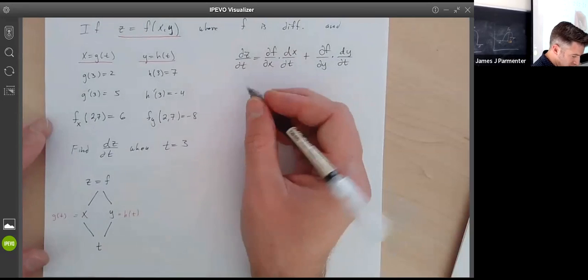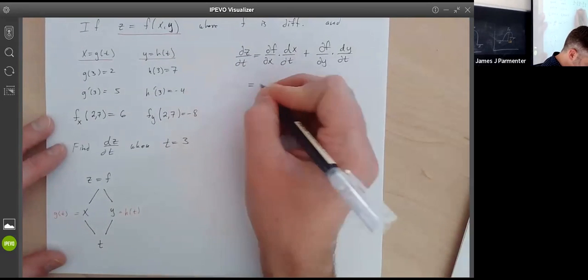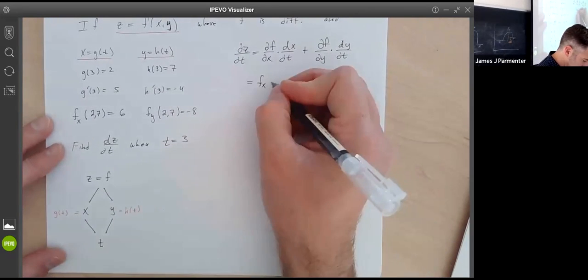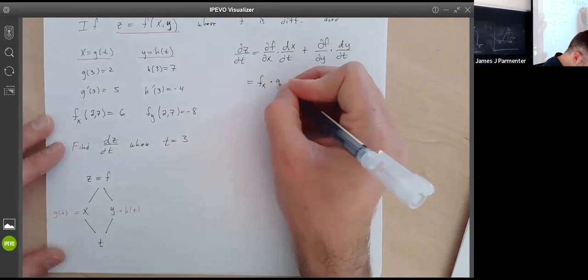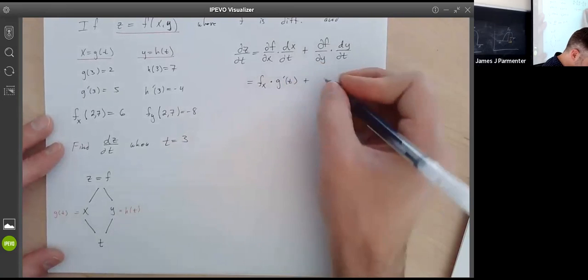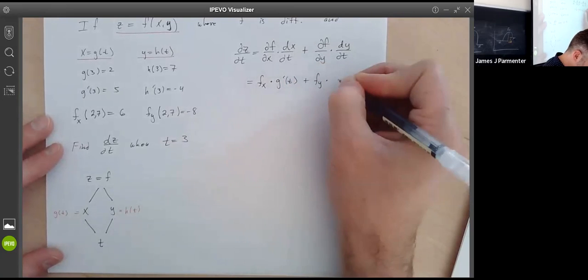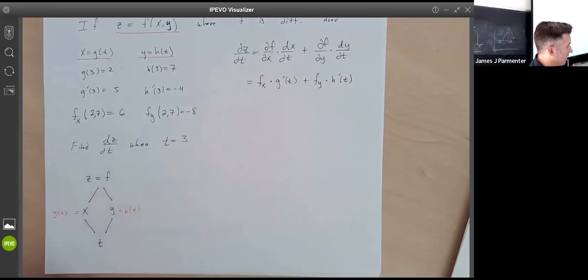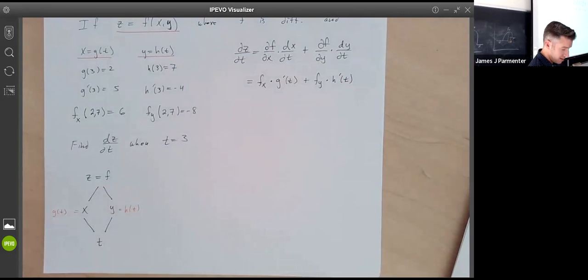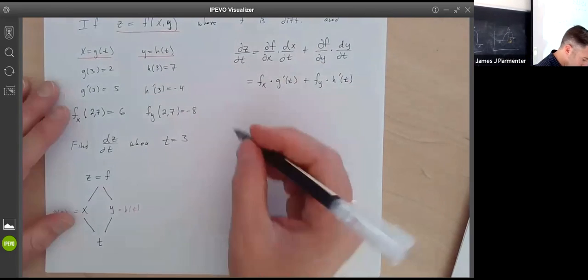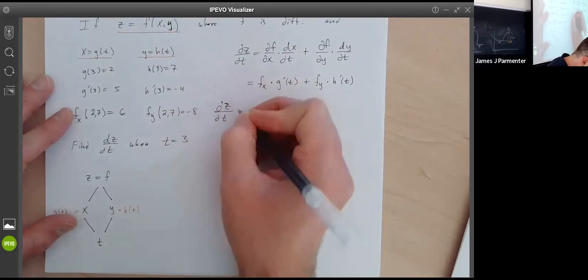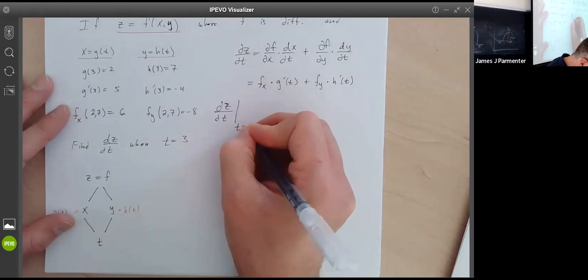So I'm going to rewrite this as f_x times g prime of t plus f_y times h prime of t. It's the same thing, just using the other names I have for things. All right, so now here's what we want to do. We want to evaluate this when t is equal to 3.